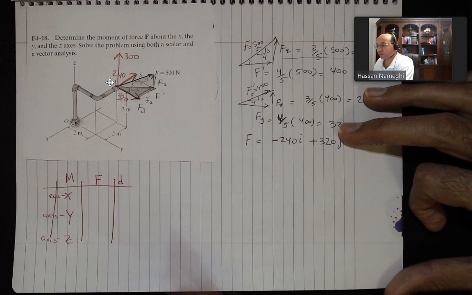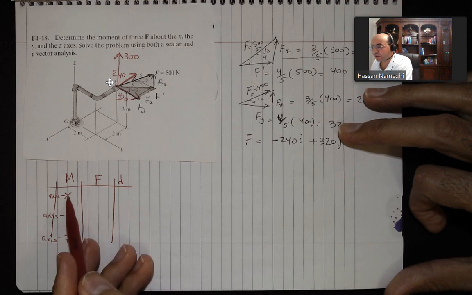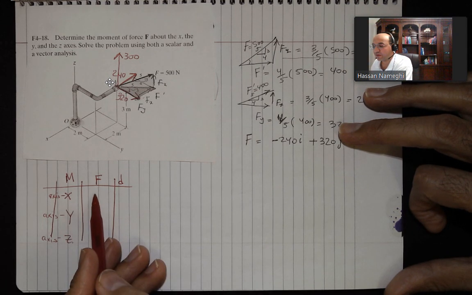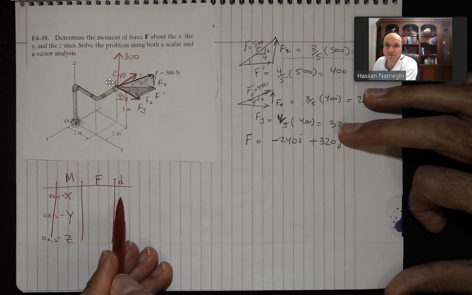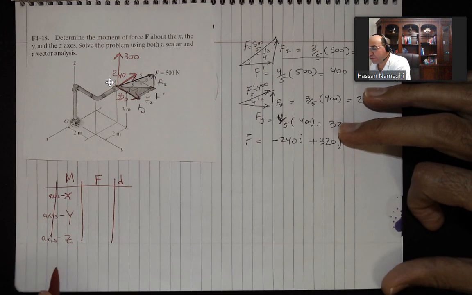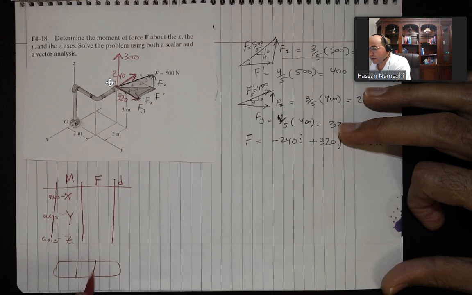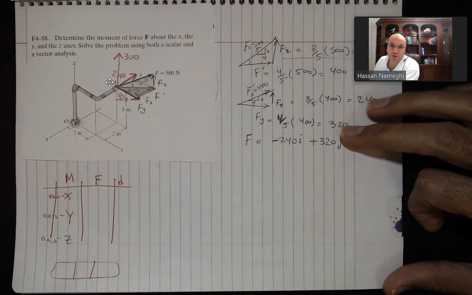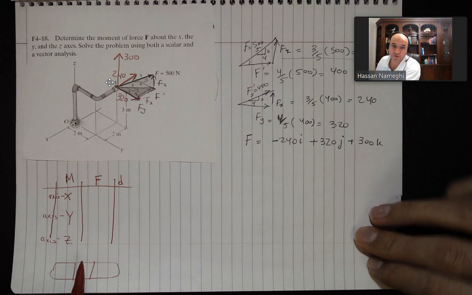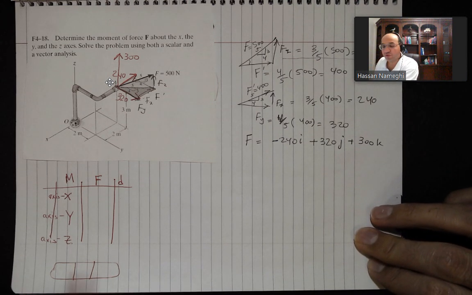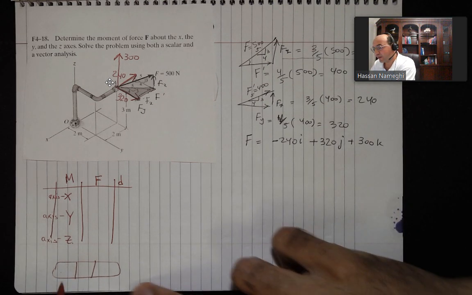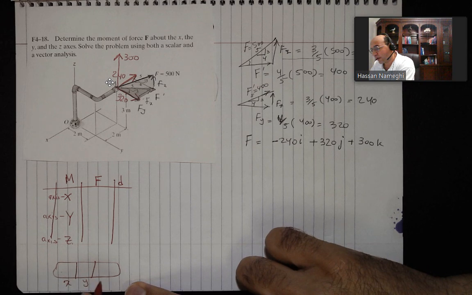If I do moment about the x-axis, the force is in the y-axis, the distance will be in the z-axis. So remember, you have three chairs. In these three chairs, I have to find the perpendicular distance for each of my forces. I have three seats, a seat for x, for y, and for z.